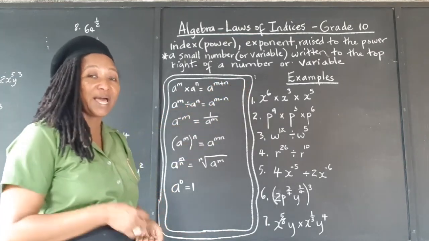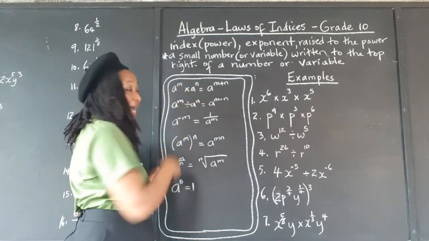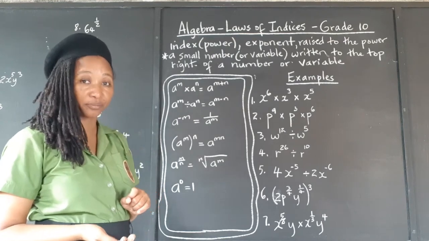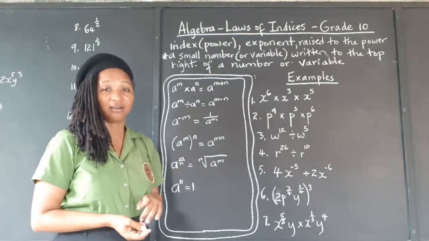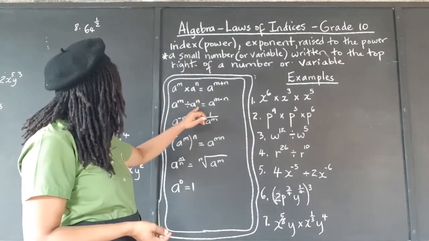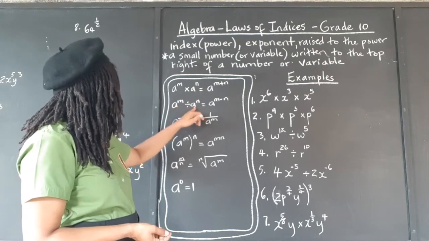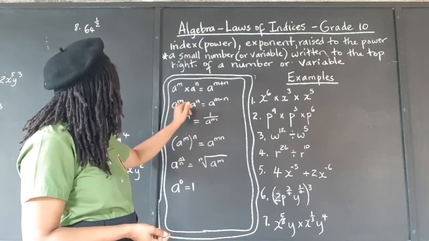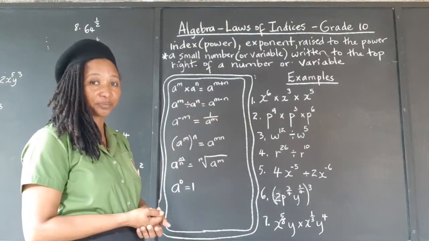So if you're multiplying terms and the bases are the same, add the indices. That's the first law. Second law, if you are dividing terms and the bases are the same, then you are going to subtract the indices.